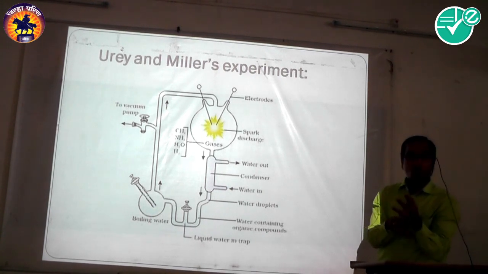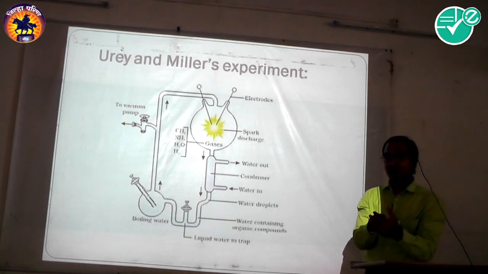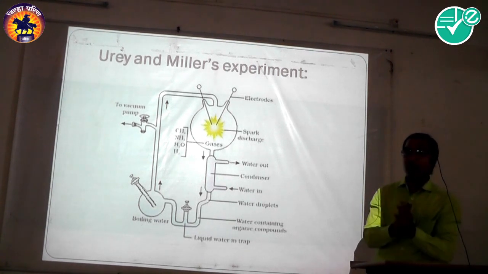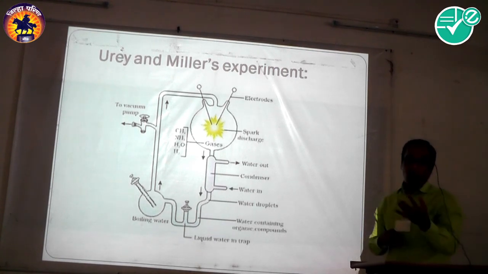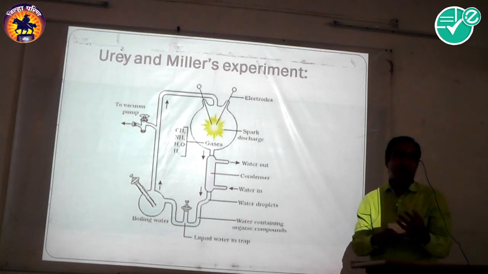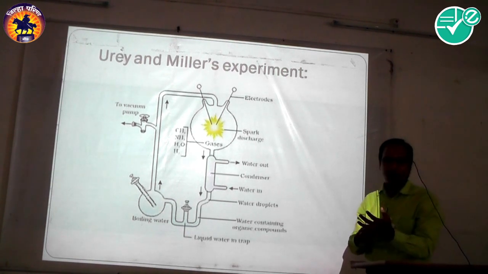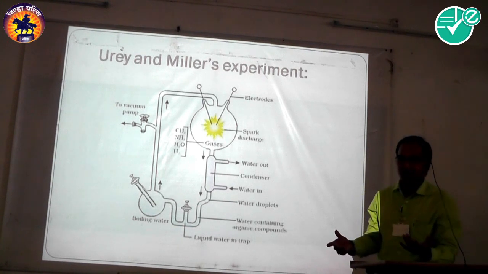According to the Oparin and Haldane theory, there is free energy which stimulates the rate of reaction. Now the free energy is present in the form of lightning, volcanic eruption, cosmic rays, earthquakes, and ultraviolet rays.